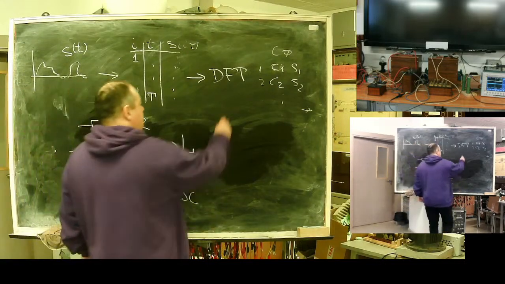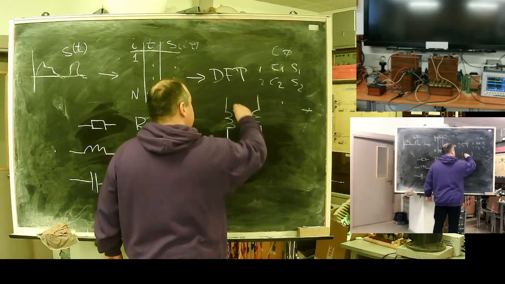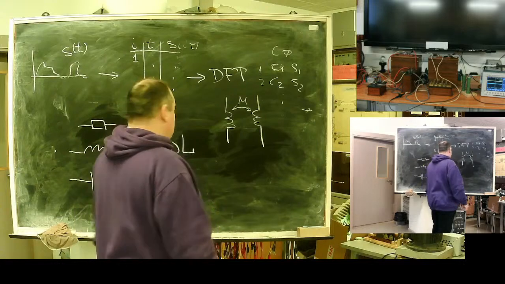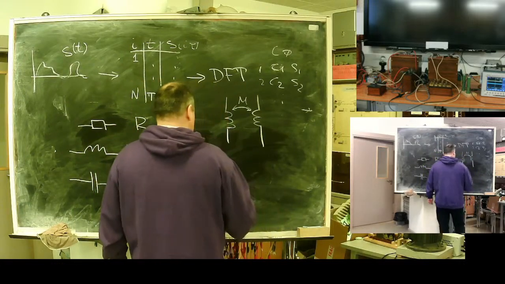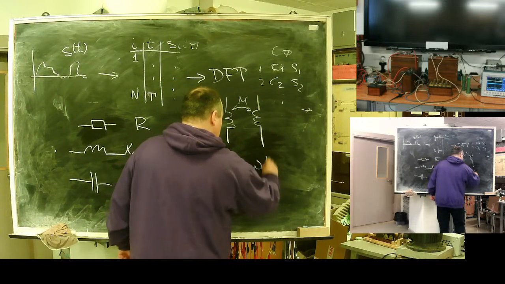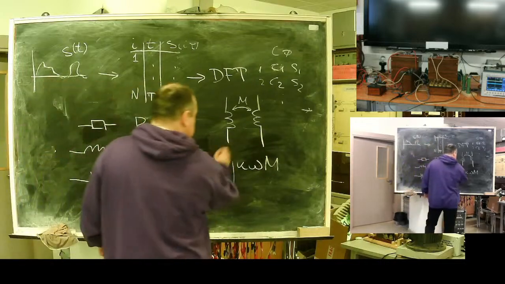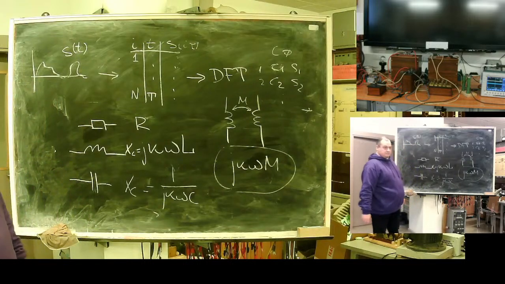And for mutual inductance, it will be j k omega M element. This will go symmetrically in the resistance matrix.